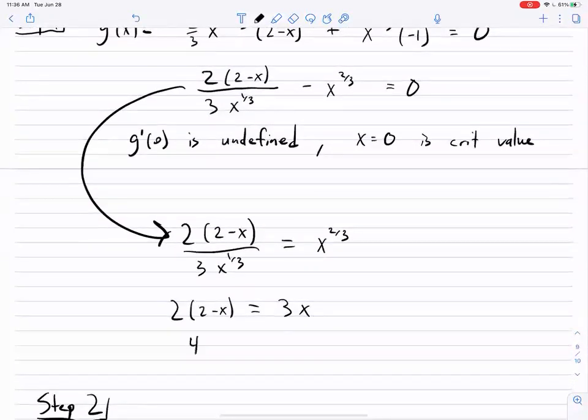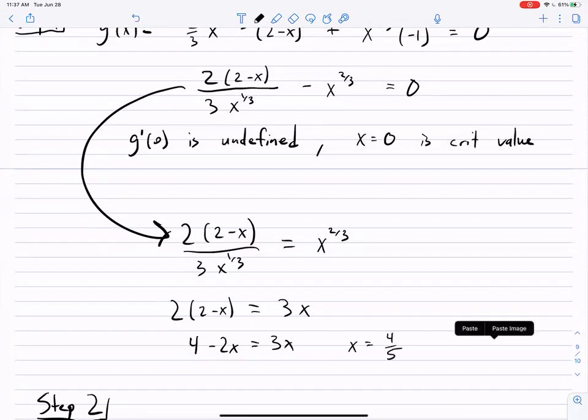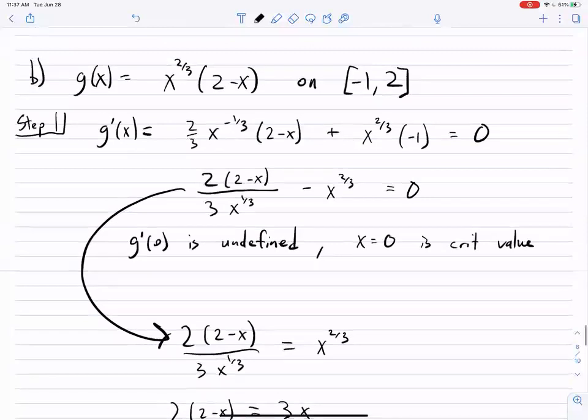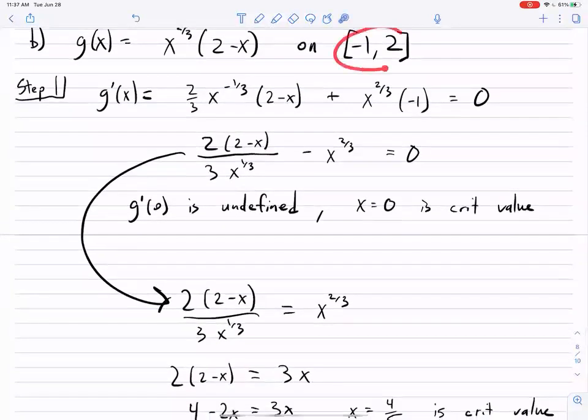So 4 minus 2x equals 3x, and you get x equals 4/5. So x equals 4/5 is a critical value. Both of those values, x equals 4/5 and x equals 0, are in our interval -1, 2.